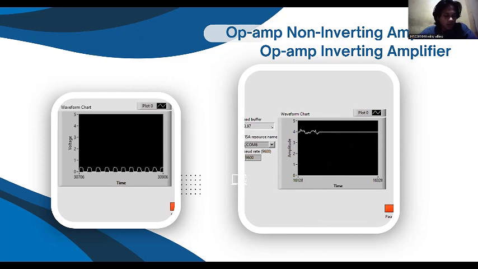So, the inverting amplifier circuit characteristics: first, the input signal is applied to the non-inverting plus terminal, output fed back to the inverting minus terminal through the resistor network. The output signal is in phase with the input.